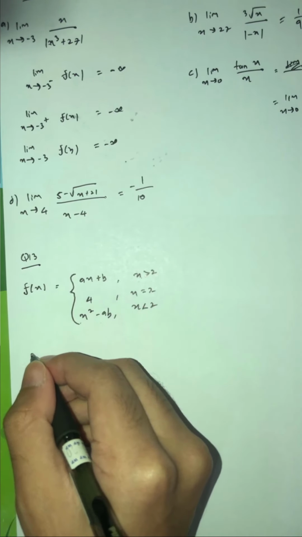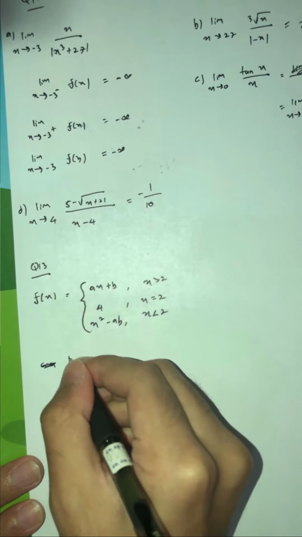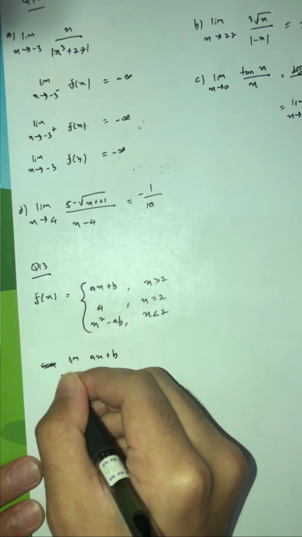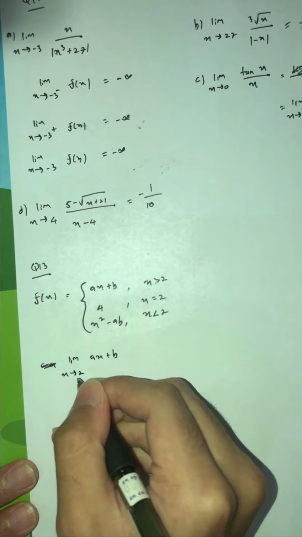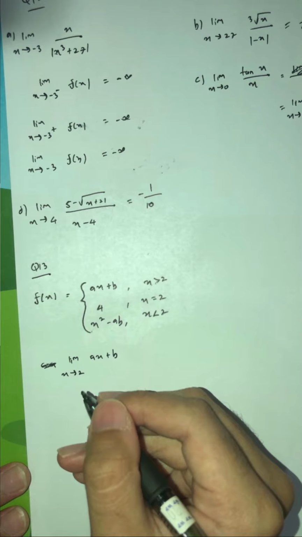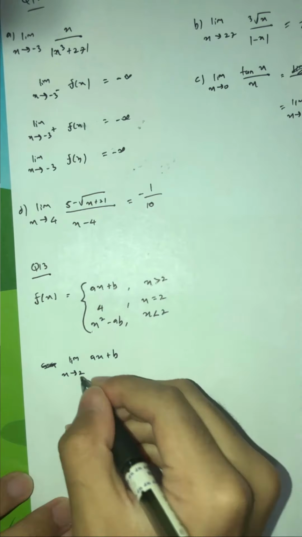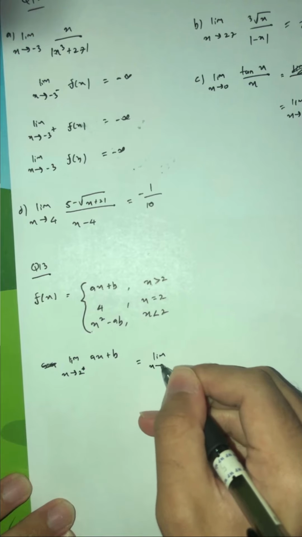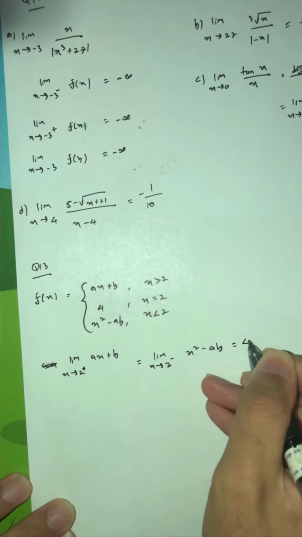So the limit of ax plus b as x approaches 2 from the right equals the limit as x approaches 2 from the left of x squared minus ab, equal to 4, right?